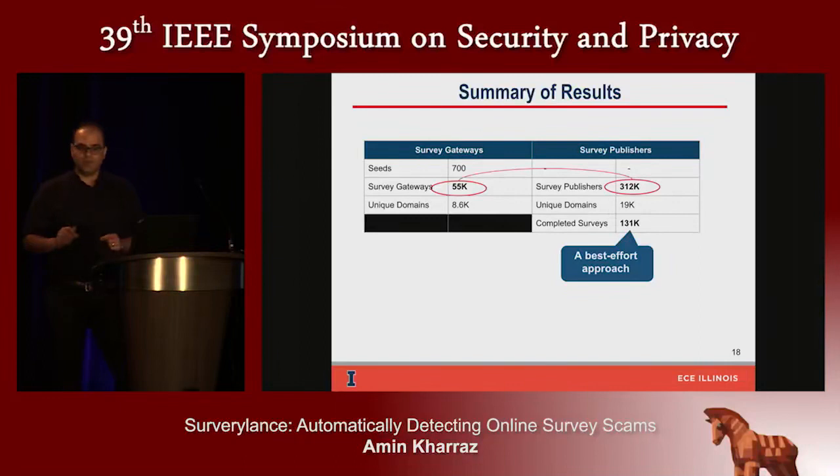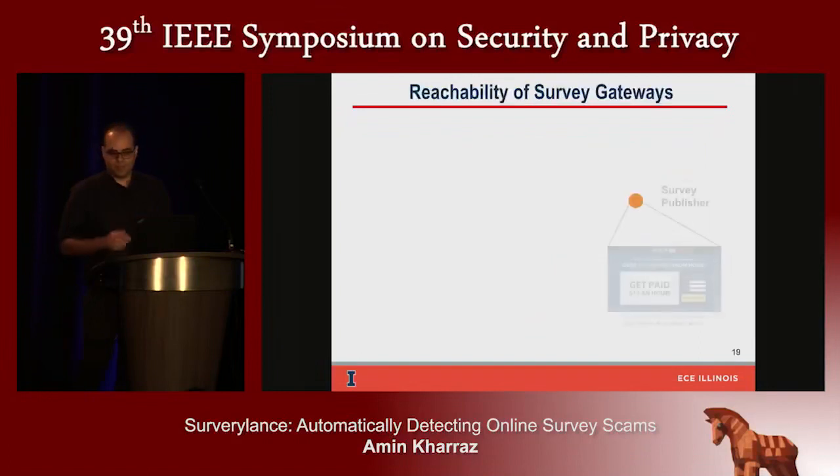And we were able to complete around 131,000 surveys automatically. That was actually a best effort approach. There were lots of cases that we were not able to cover for different reasons. For example, every website has a different naming schema for the fields. So you can refer to the paper for how we did that.